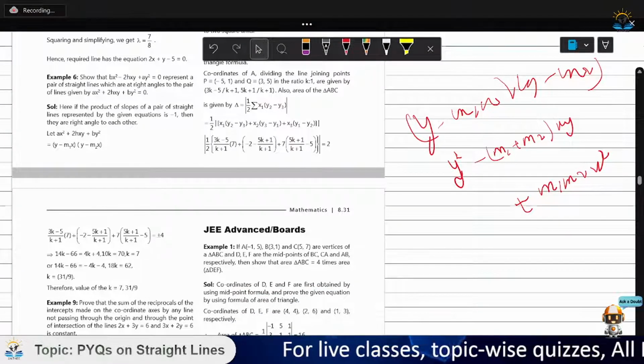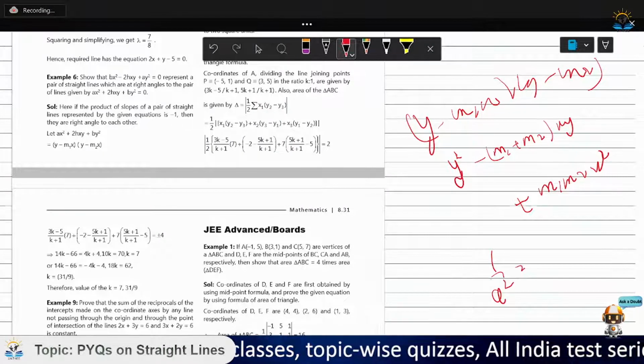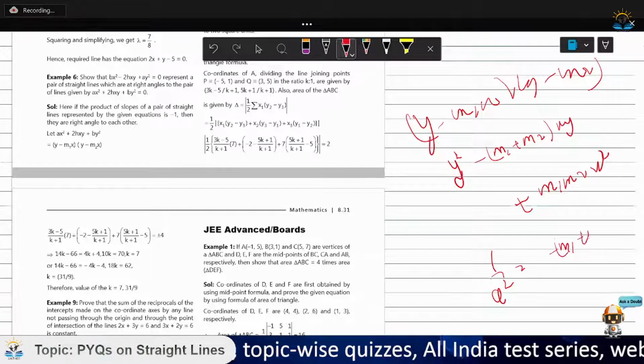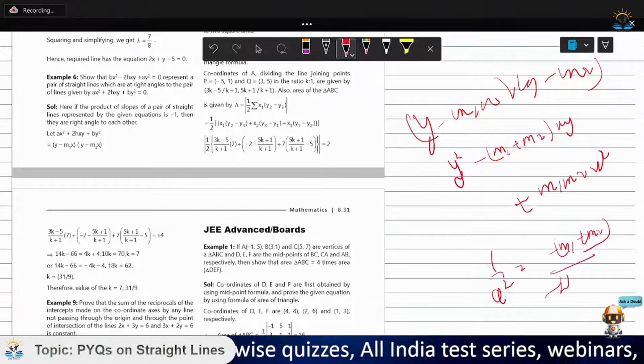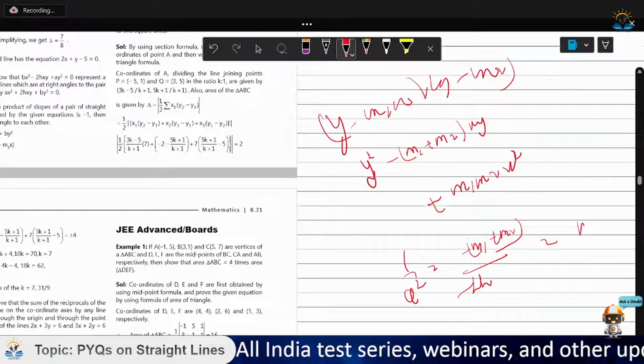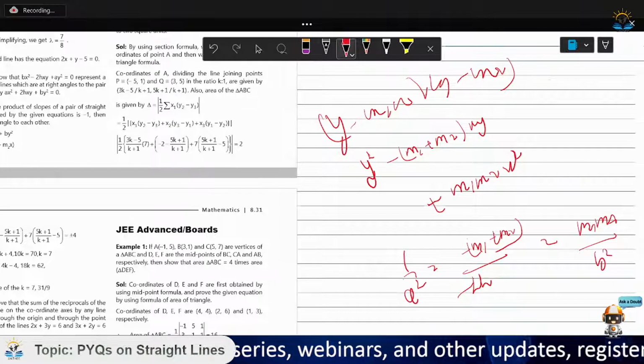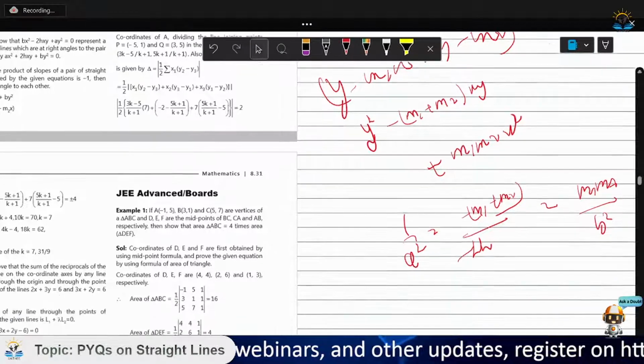So on comparison, what I am getting is 1 by a square is equal to minus (m1 plus m2) upon minus 2h is equal to m1 m2 by b square.